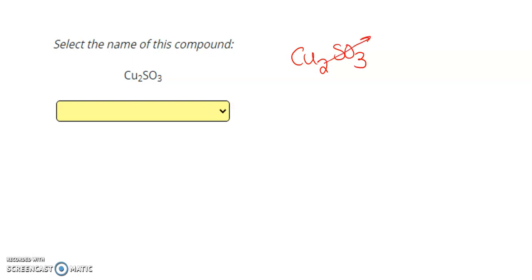This 2 came from sulfite. Now the 3 did not come from copper. Sulfite is this. That 3 was already on sulfite. We did not add anything to sulfite. There's no parentheses in the little subscript. So there's just kind of an invisible 1 over here, and that came from copper. So the ions involved are SO3 2- and Cu+.